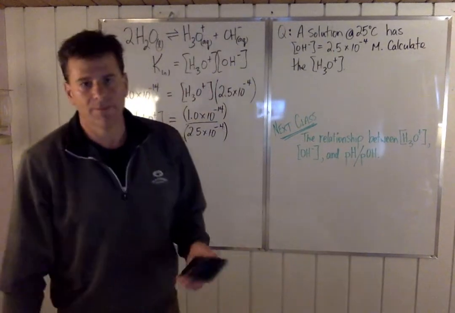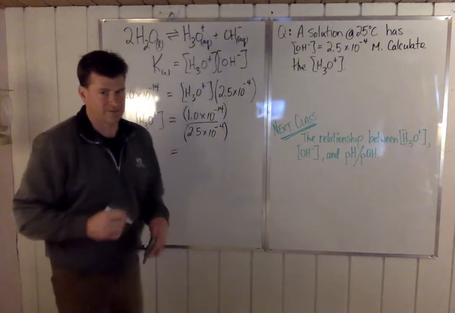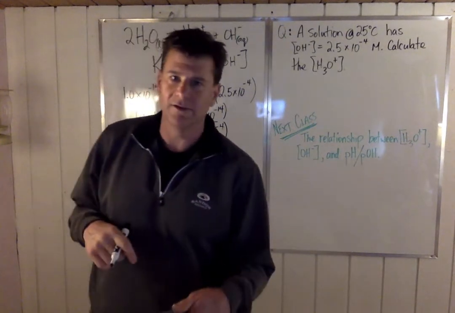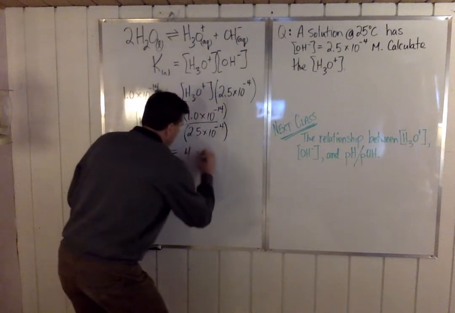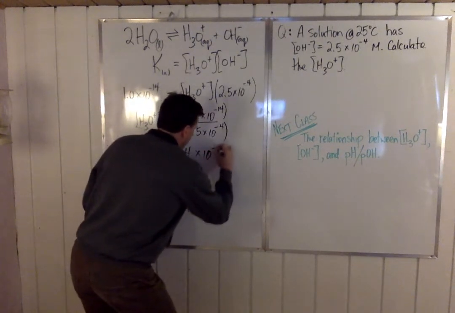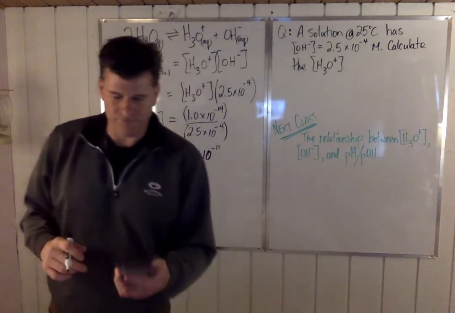And my calculator gives me, and it makes sense with what my brain would say, 4 times 10 to the negative 11.